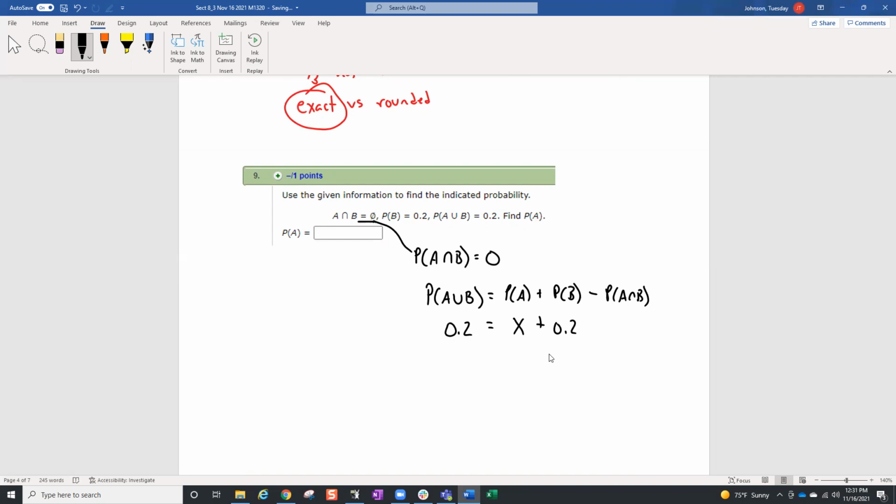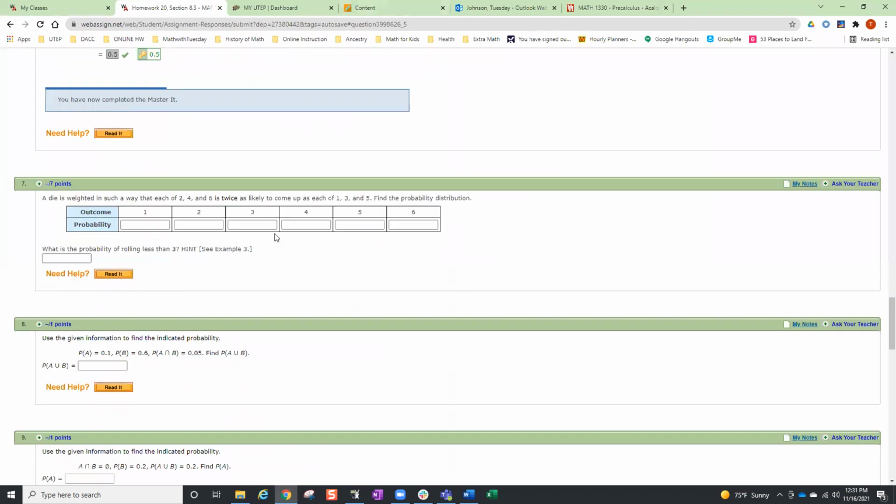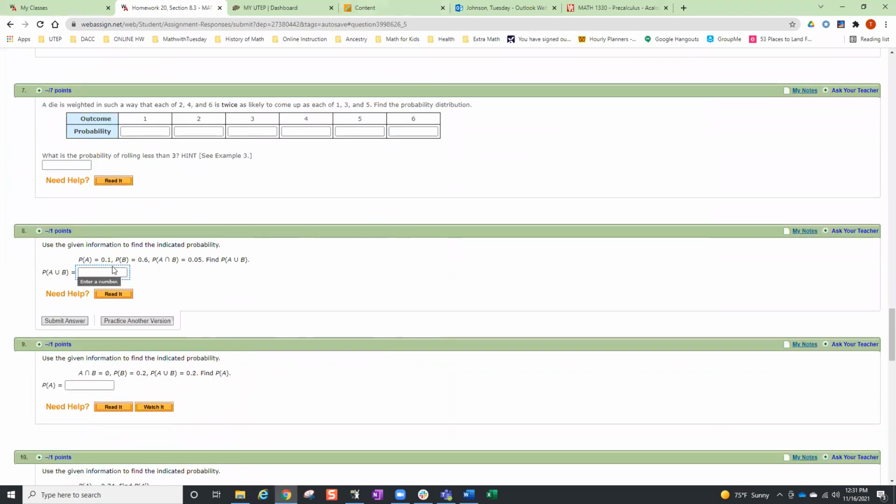Interesting, when I subtract, the probability of A is also 0. That seems weird to me. So I want to pull this up. Lots of steps. I get 0. Oh, wait a minute. That's not the right problem. You get probability of A is 0 on number 9.